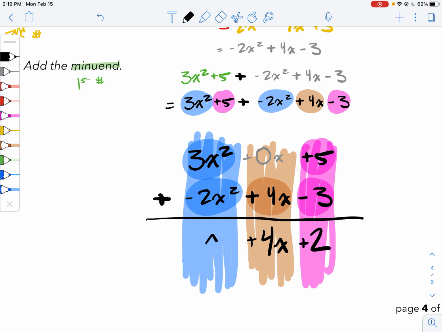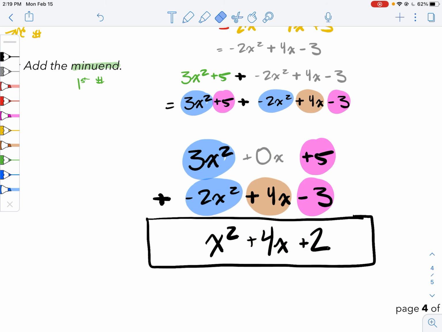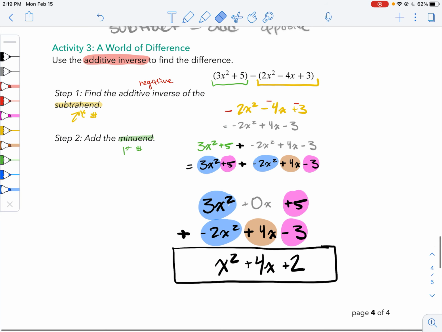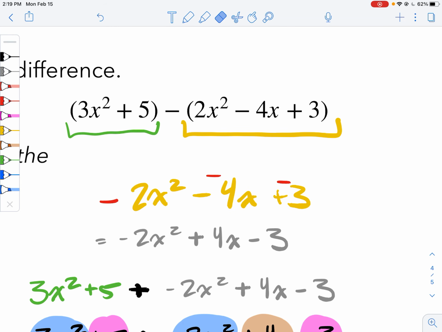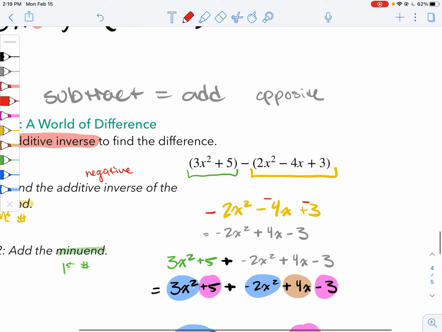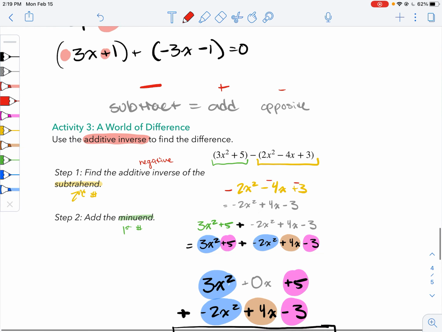I don't need to write a 1. I can just say, hey, there's an x squared there. And there you have it. There's our final answer: x squared plus 4x plus 2. So that's how to subtract a polynomial. Just change your minus. Minus means just add the opposite of everything.